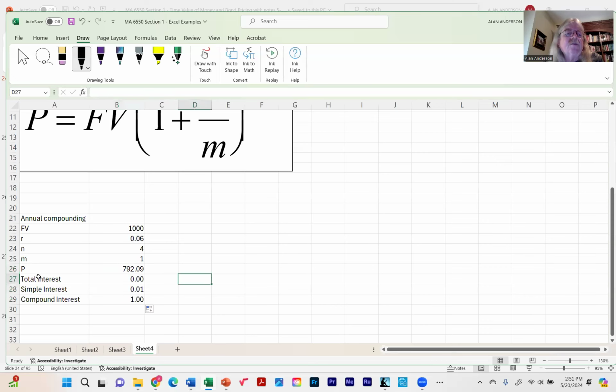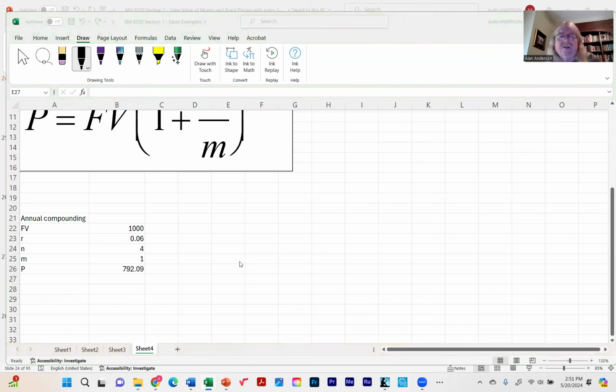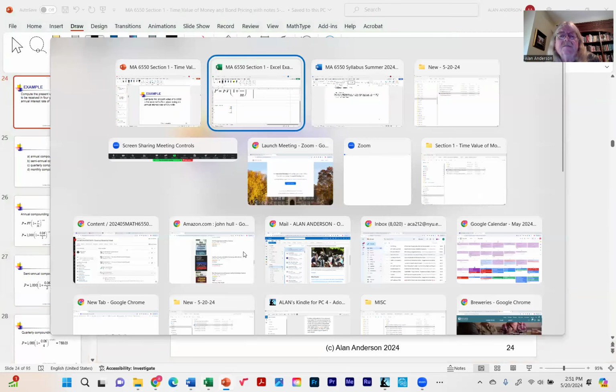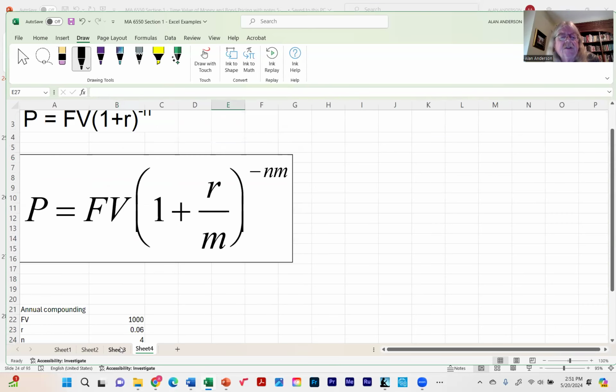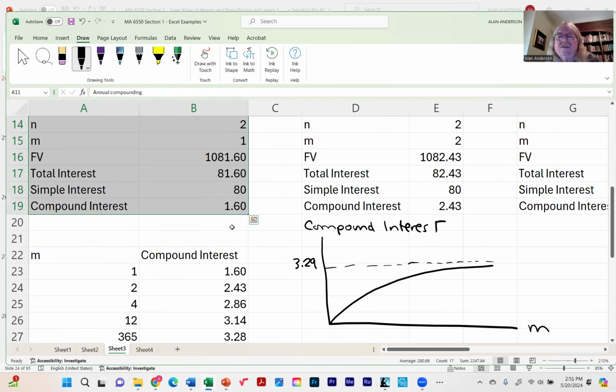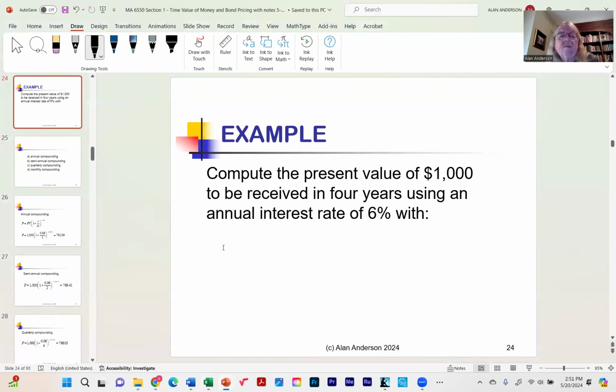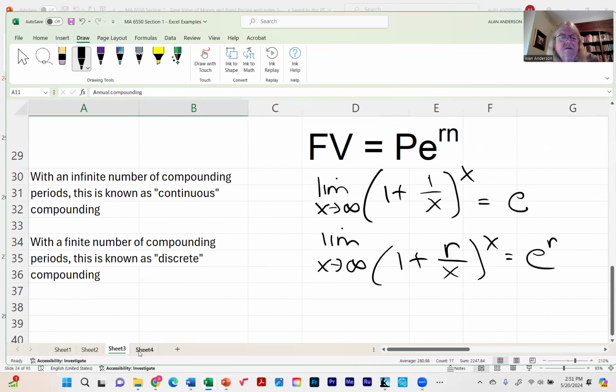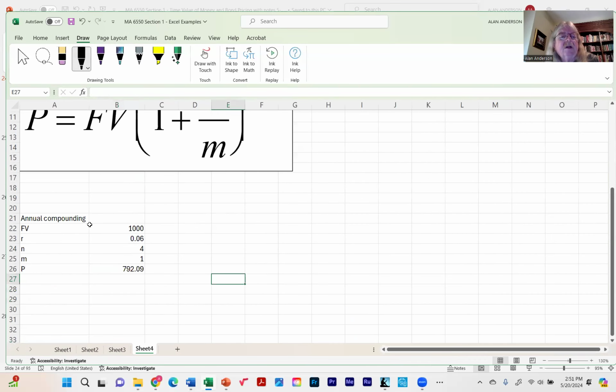Now, for these, we don't necessarily have to calculate the interest total and all that. But what we are going to notice is something interesting. We looked at the interest here. If you plotted the future value, you would see that the shape is very similar. Here we're going to plot the present value, and we're going to do this different ways.